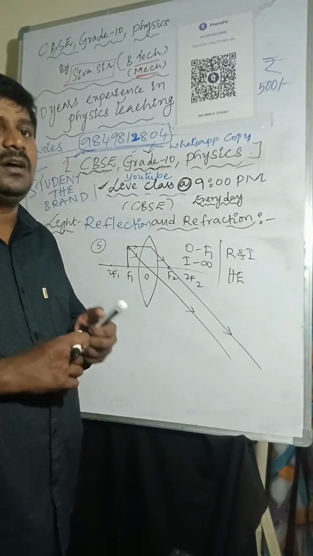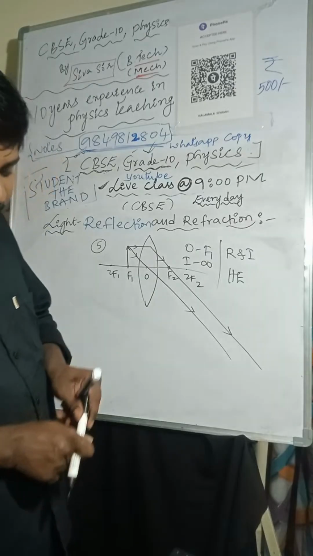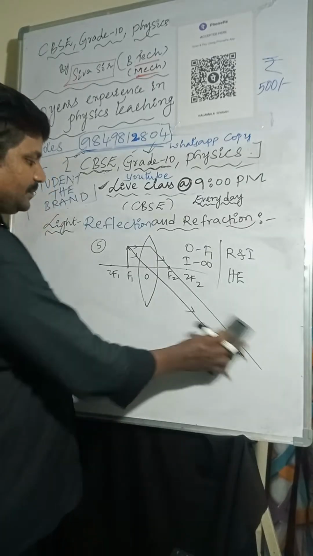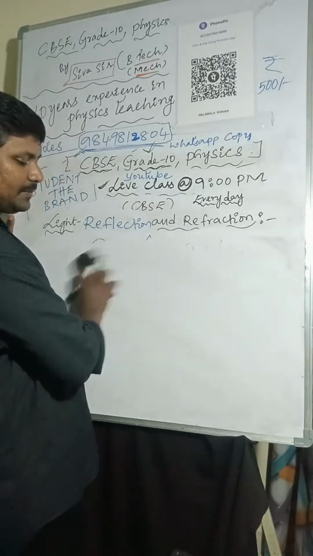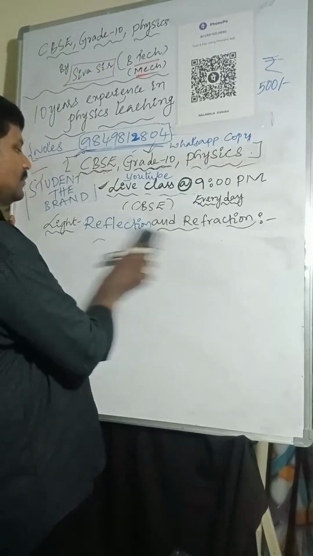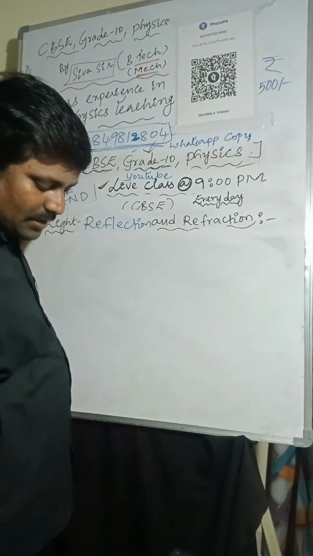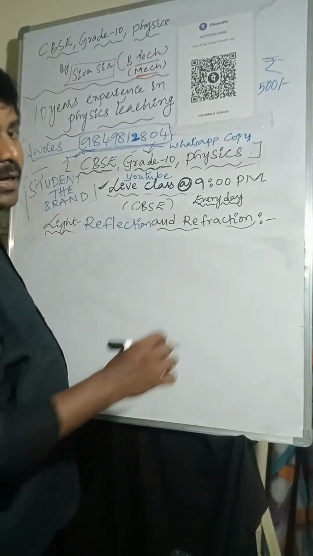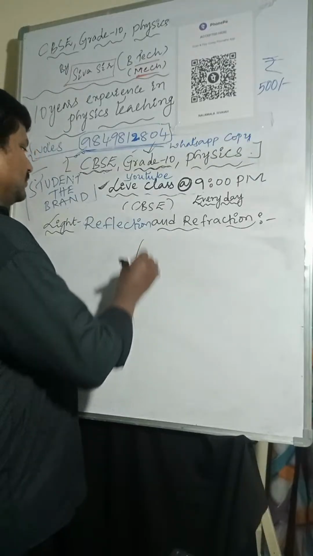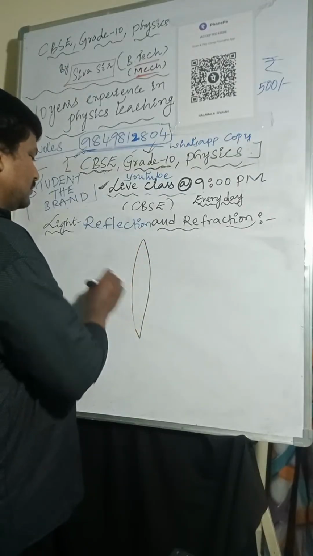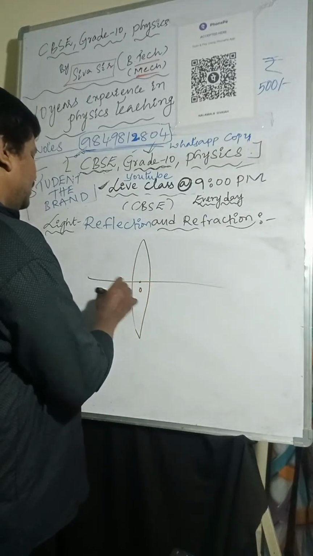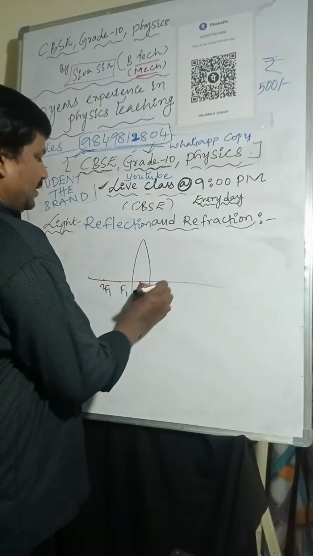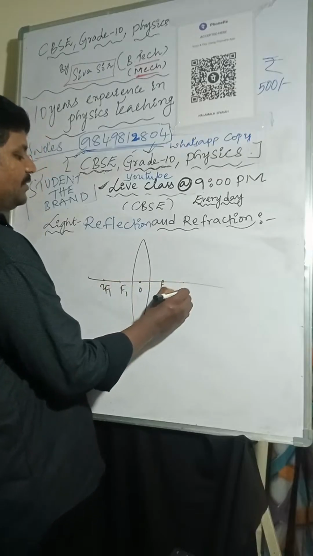So this is about image formation. Next we are going to the last case. Optic center, F1, 2F1, F2, 2F2.